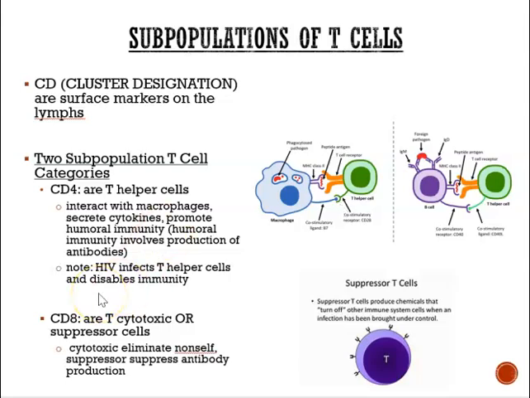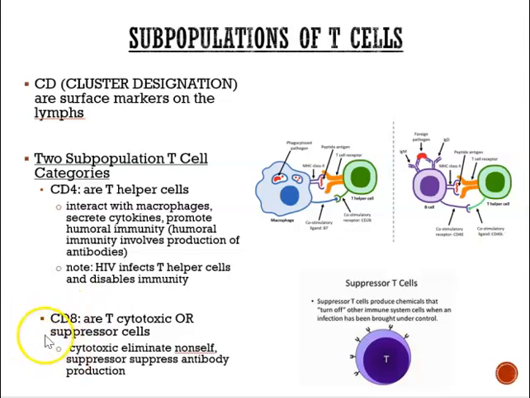Just for note, if you're an HIV patient, the HIV infects the T helper cells and it disables that person's immunity. So people that have HIV have a real problem with their body being able to protect themselves. Over here in this image, helper cells also interact with B cells. So again, T helper, they're helping other cells in the body's immunity.